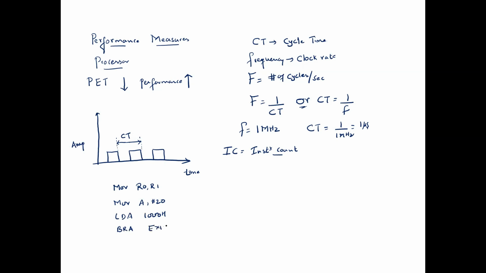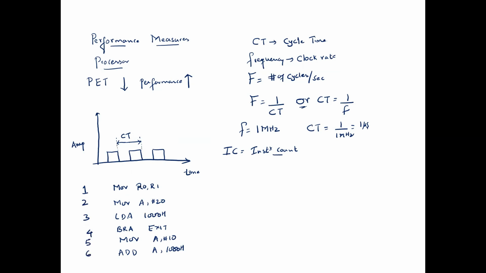I will write it as exit, and we have a move instruction A, #10. Some dummy instructions I'm going to write to construct a program, move A, 1000H. Now this piece of a program contains how many instructions? I will count it as first instruction, second, third, fourth, fifth, and sixth.